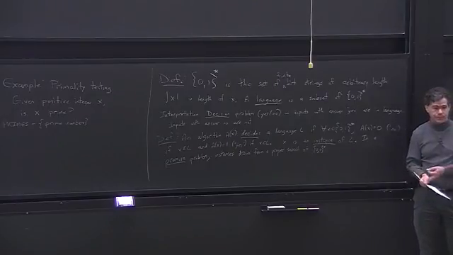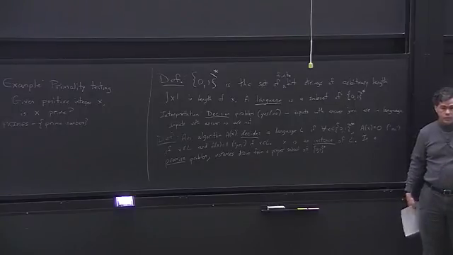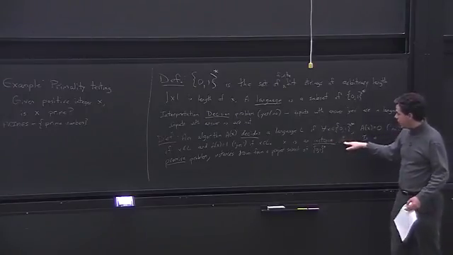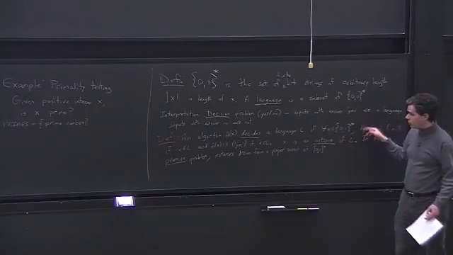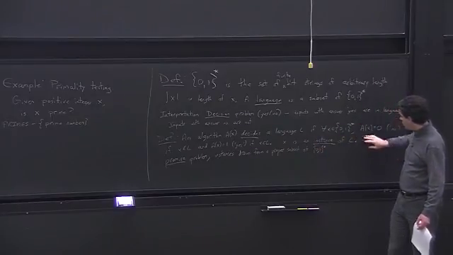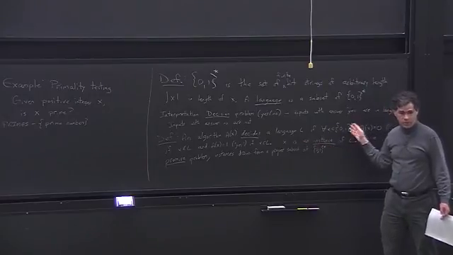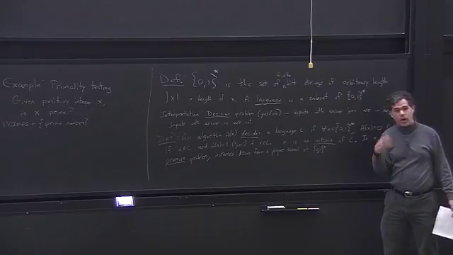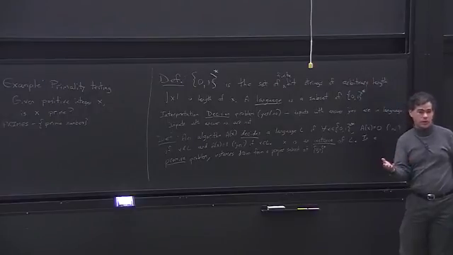Question: the statement x is an instance of L is only for A of x equals 1? No. So x is an instance of L in either case. When you don't have a promise problem, any bit string is an instance of L. But it's mostly a matter of interpretation, whether you're thinking of it as a possibility of being in L or not.